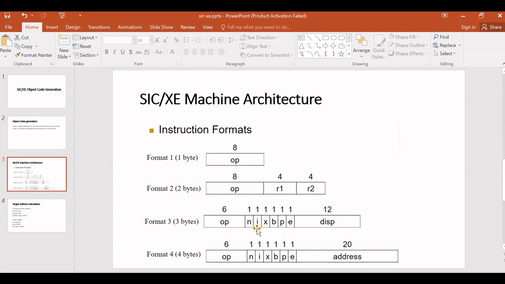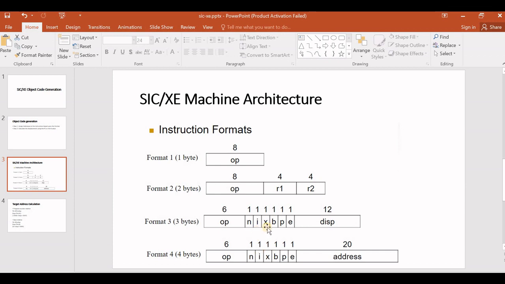I indicates the immediate addressing mode. How do you identify whether an instruction is in immediate addressing mode or not? If the operand begins with the # symbol, then the instruction is said to be in immediate addressing mode. When it is in immediate addressing mode, set the I bit to 1, otherwise reset the I bit to 0.